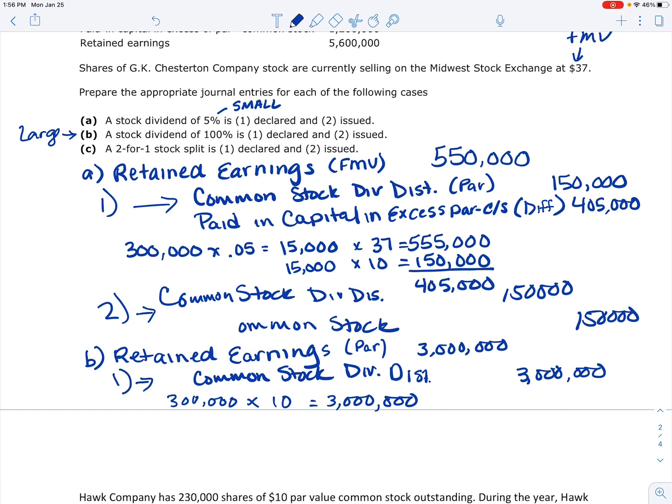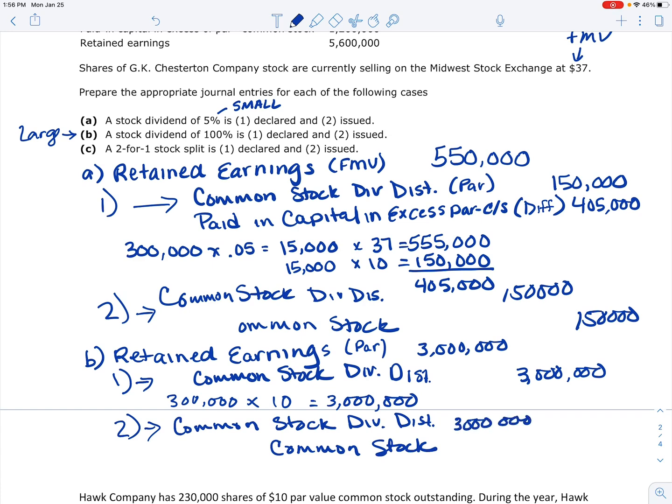So that was the declaration. Now let's look at the issuance. For a large stock dividend, we're just going to decrease that liability, and then credit our common stock for that same amount.